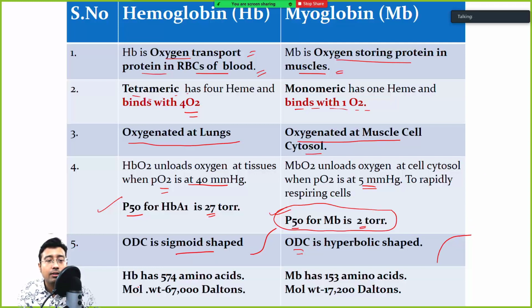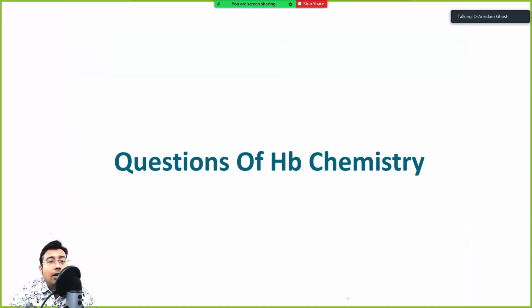Regarding molecular weight and the number of amino acids, since hemoglobin is tetrameric, considering all the chains, it has 574 amino acids and 67,000 Dalton or 67 kilodalton. In the case of myoglobin, it has 153 amino acids in its one globin chain and 17,000 Dalton, or 17.2 kD. Okay, so this is the difference between hemoglobin and myoglobin.